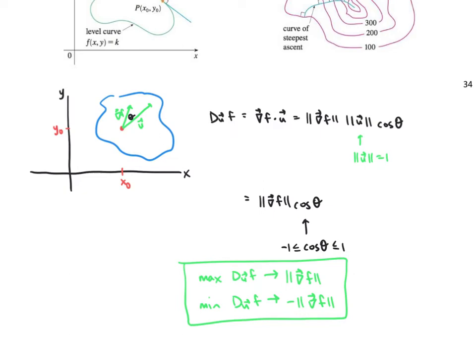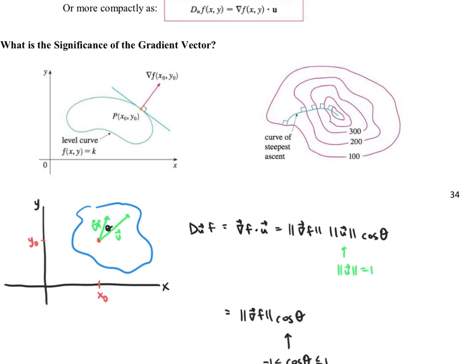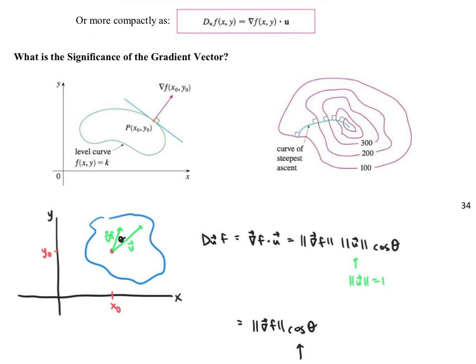Now let's go back up to these diagrams for a minute. So we know that if we look at any particular point, the maximum rate of change at that particular point will be the magnitude of the gradient vector in the direction of u.